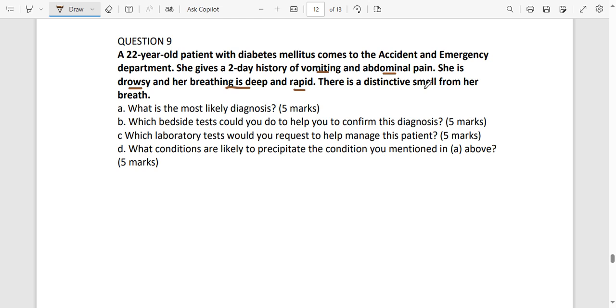There is a distinctive smell from her breath. What is the most likely diagnosis? Remember, this patient is diabetic, very vital. For me, I can make the diagnosis if I just had diabetes and the bad smell. Those can be enough. Anyone?